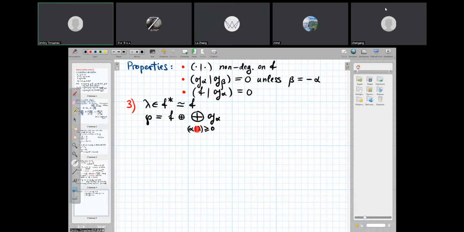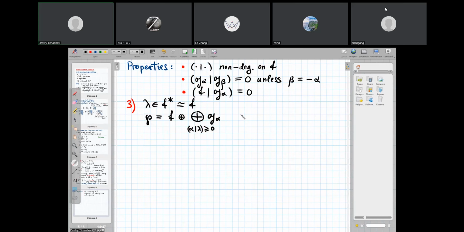So this is the inner product of something in here. But if we identify this space with this one, having a non-degenerate inner product on T, then we can transfer the inner product on here to this space. And therefore, this makes sense. And the claim is that the Lie algebra of my parabolic P is of this form.